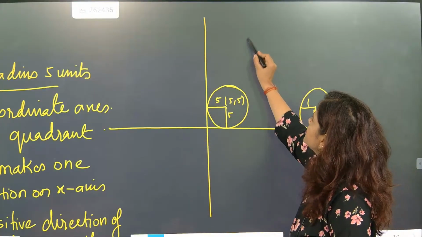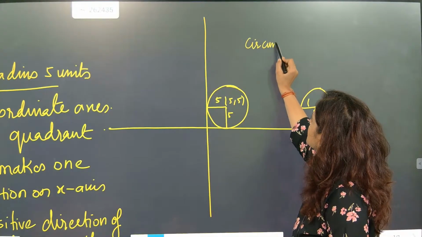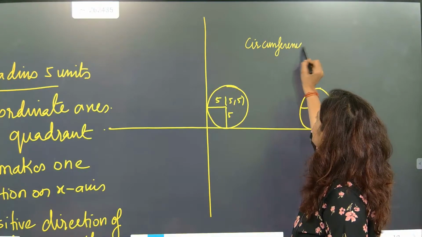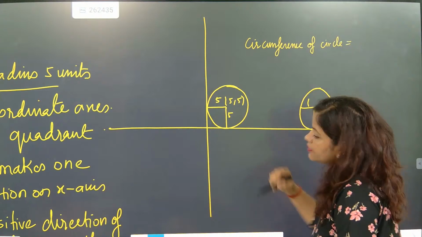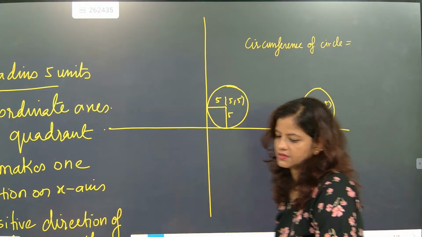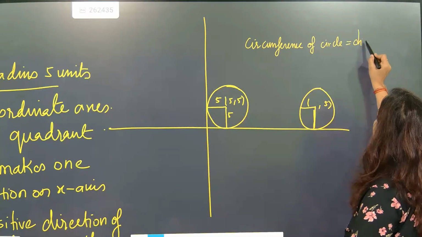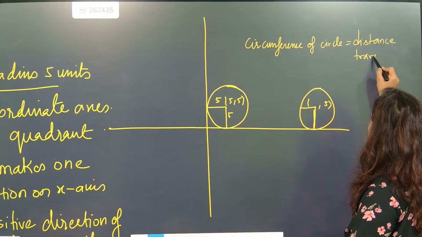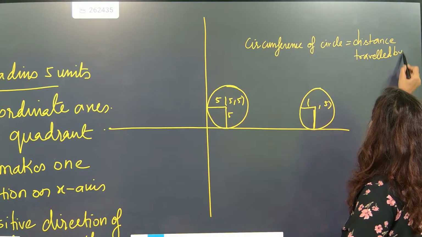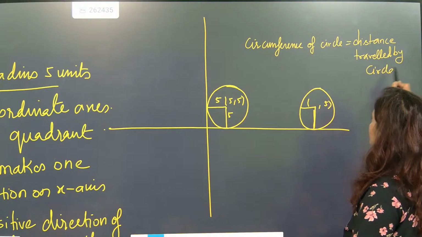So the circumference of the circle will get converted into the distance traveled by the circle. Understood? Why beta?